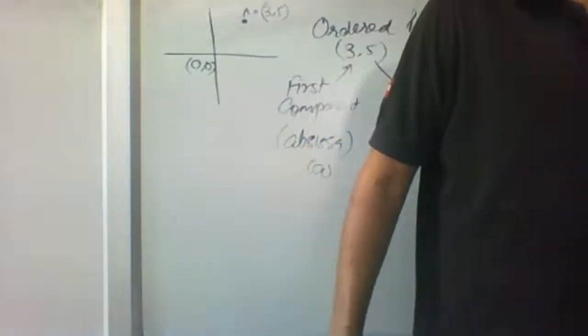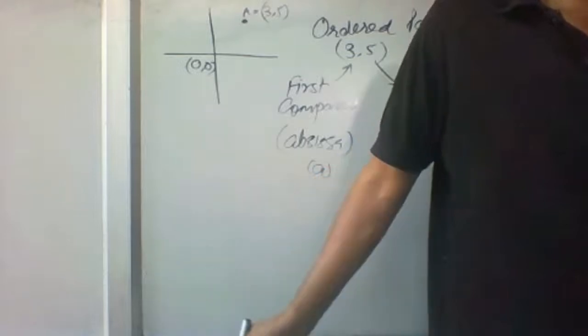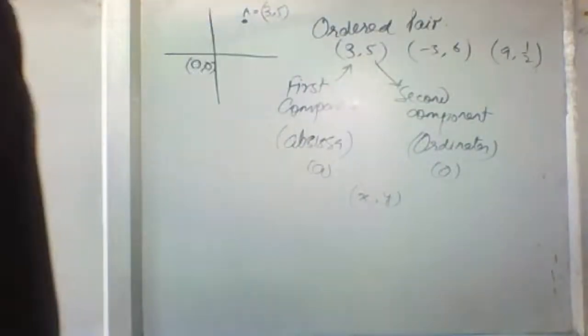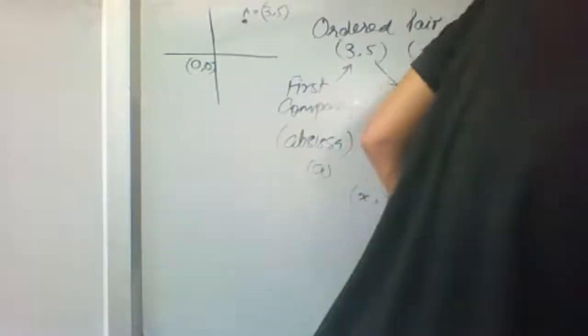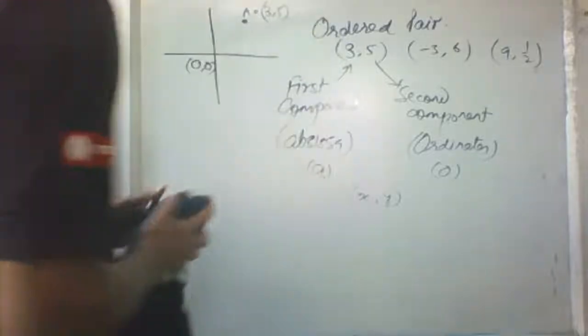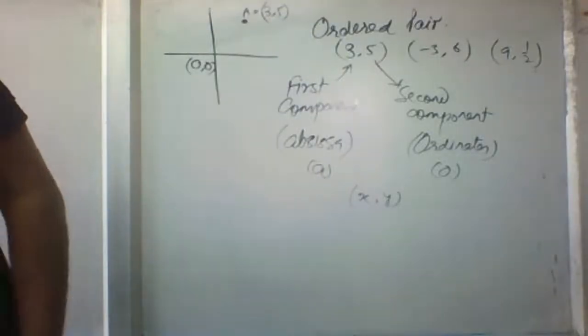So this is easy to understand for every one of you. If two ordered pairs are equal, both of their components are equal. Remember, this is a very important part. Many questions can be solved by this.